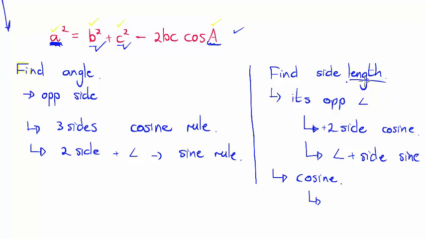And which means I'm trying to find a side length. I can't use sine. I'll have to have its opposite. I don't have its opposite side, but I will need at least... If you don't have B and C's opposite.